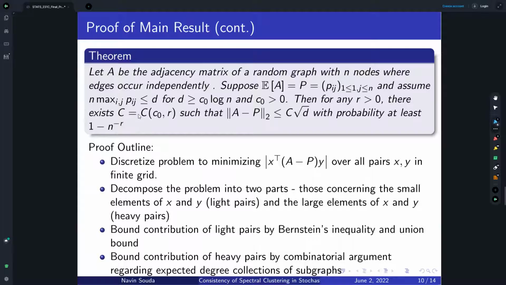They define that as the absolute value of the product of x_i and y_j being less than some threshold. The large elements are the ones that exceed that threshold, and those are the heavy pairs. You can bound the contribution of the light pairs by Bernstein's inequality and a union bound. Then you have to bound the contribution of the heavy pairs by something more complicated, which involves a combinatorial argument that discusses the expected degree of collections of subgraphs of our model.